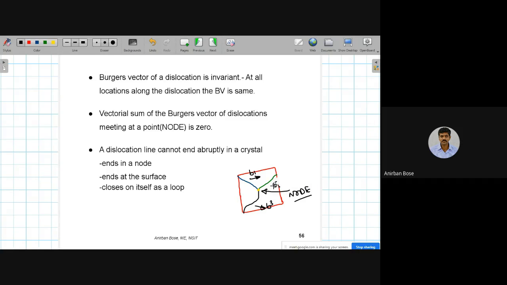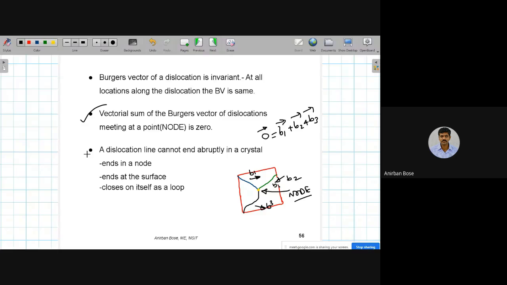If three dislocation lines meet at a node, then remember the summation of these three Burger's vectors, that is B1 plus B2 plus B3, must be equal to 0. This is the statement. So the summation of the Burger's vectors of dislocations meeting at a point is 0. This is the second point.